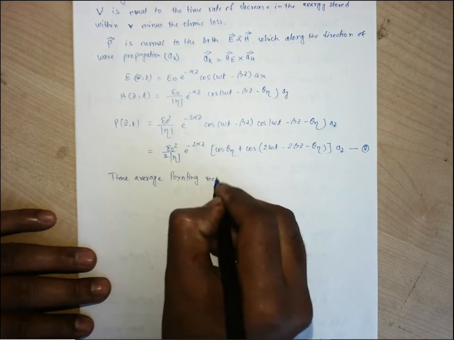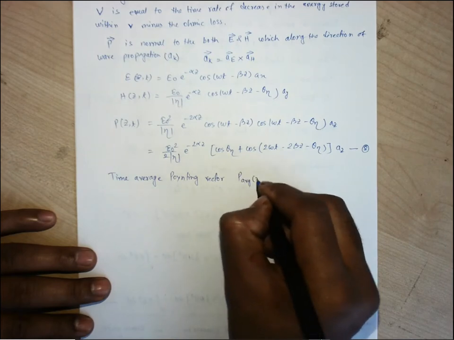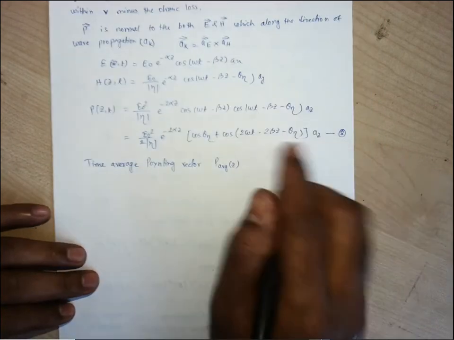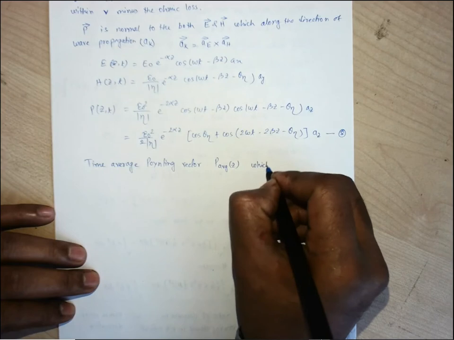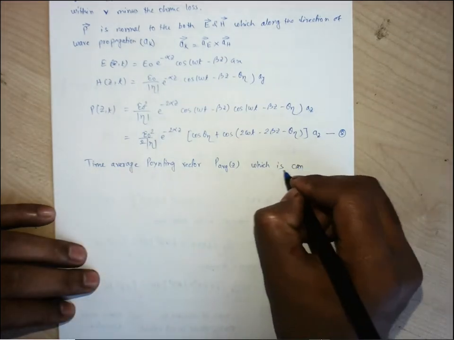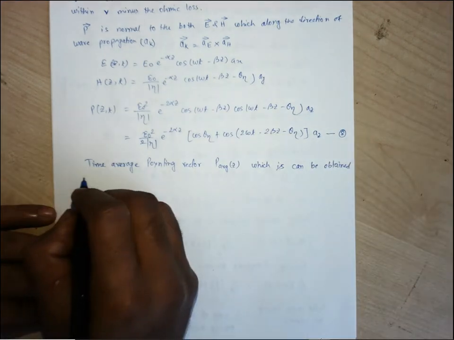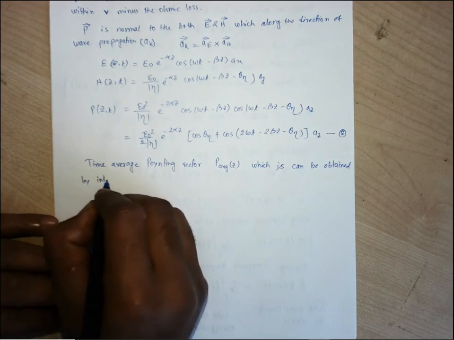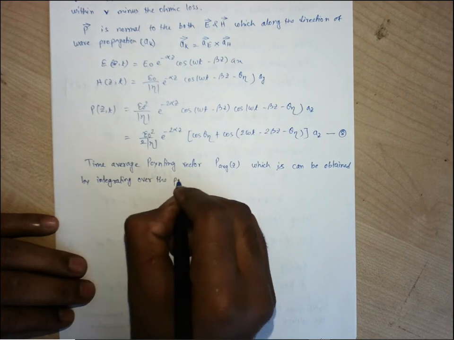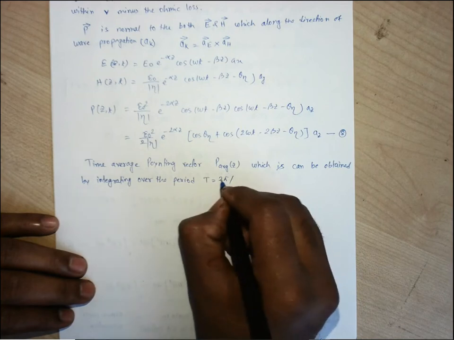The time average Poynting vector, P average z, can be obtained by integrating over the period T equals twice pi by omega.